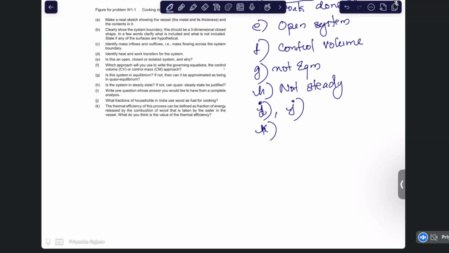Then yeah, the K question is thermal efficiency of this process. Okay, so they are saying efficiency, we will say eta, is equal to useful energy to water or the cooking material, divided by energy from fuel.